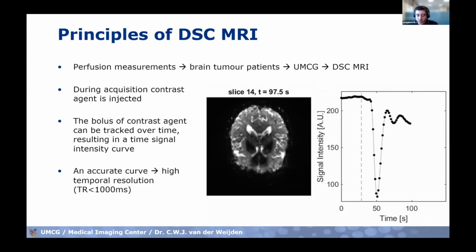In addition, faster sampling also helps to reduce the influence of physiological processes on DSC-MRI, such as pulsatile flow related to the cardiac cycle and breathing. A short TR reduces the sensitivity to these physiological fluctuations and hence enhances robustness of parameter estimation. In practice, a TR shorter than 1000 ms is preferred.